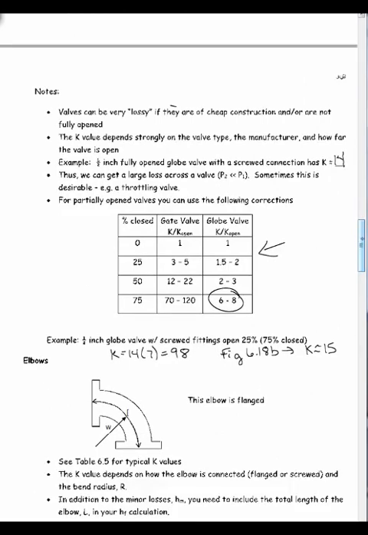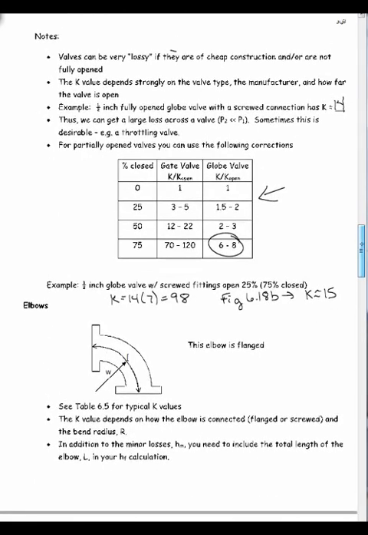So you don't want to really trust these values if you're doing some of these problems in real life. So that's valves. You want to use either table 6.5 or figure 6.18b or figure 6.19 to figure out what your K values are. If you have a choice, then either one will be right. I'm not going to count you wrong for picking one over the other.